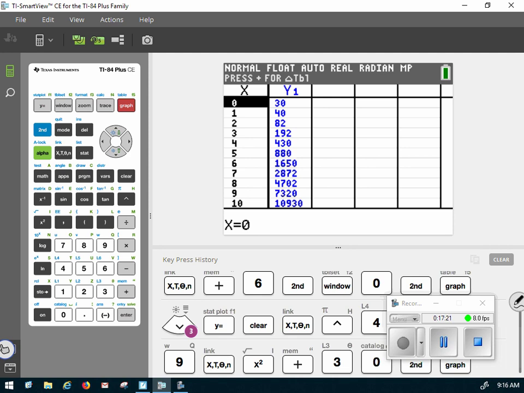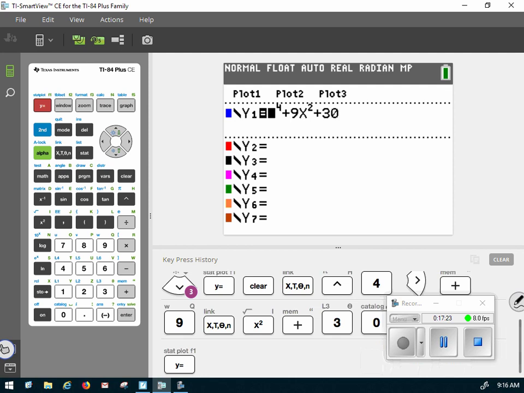How did I type in x to the 4th? Okay, I'll show you. Yeah, x, and then that caret, hat, and then the 4. But what you have to make sure you do, x raised to the 4th. Do you notice that your cursor is still up in the exponent? You have to click the right arrow to get it out of the exponent. Now I forgot what the rest of it was. Plus 9x squared plus 30.